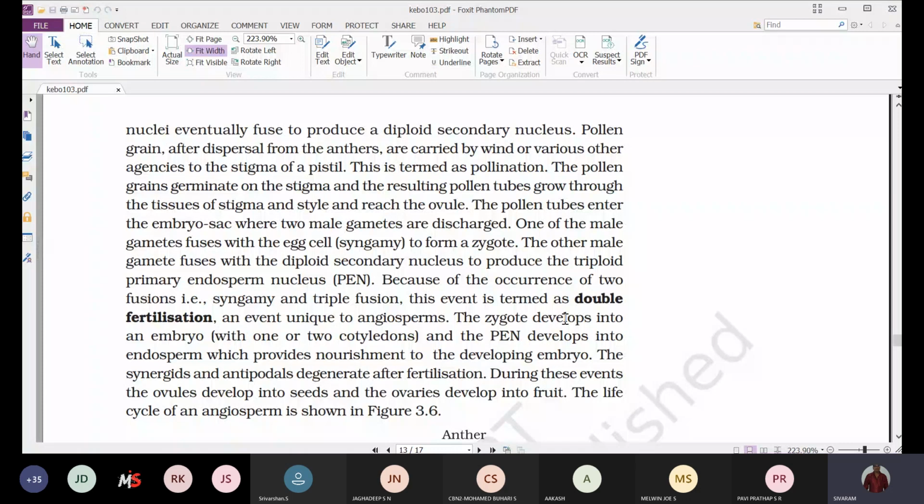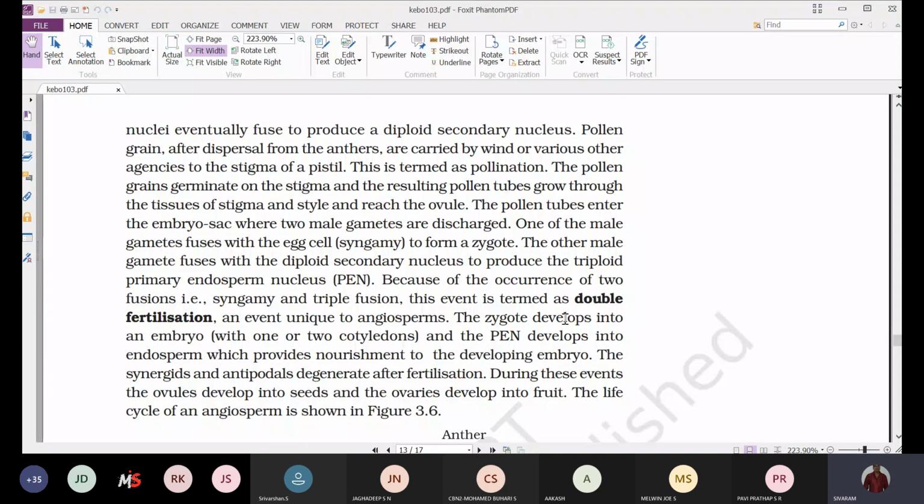Because three nuclei are fusing now: two polar nuclei and one male gamete are fusing. That's why we call it triple fusion, which is also called vegetative fertilization and also called second fertilization.